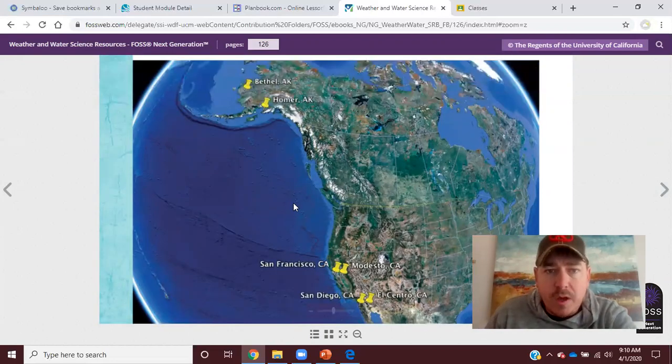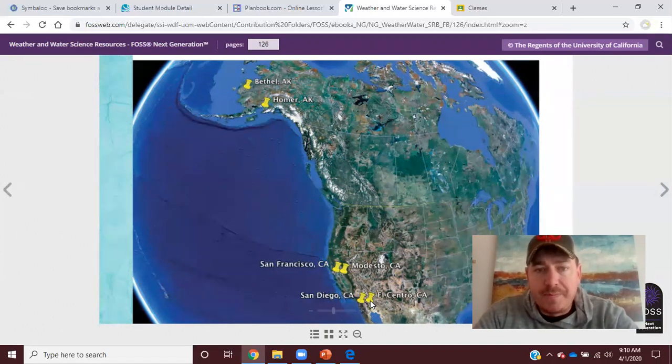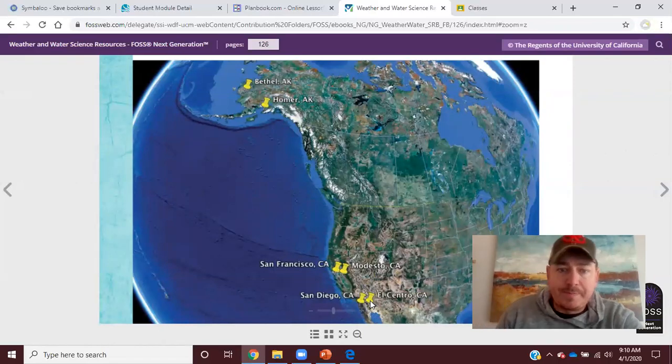The interesting thing to note about these cities is one of them is very close to the ocean, so its distance is basically zero. And then you have three cities that are further away from the ocean. So what we're looking at is average temperature and annual precipitation of cities that are right on the ocean and cities that are further away.